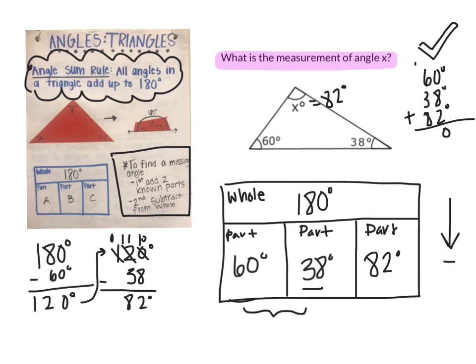Plus 8 is 18. 180 degrees. All right, so that checks out. The sum of all three of my angles is equal to 180 degrees. And our missing angle is 82 degrees. All right, awesome job. Go ahead and go to the next video and we'll do another problem together.